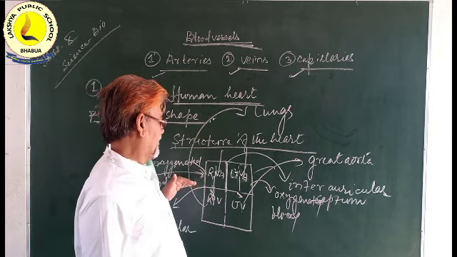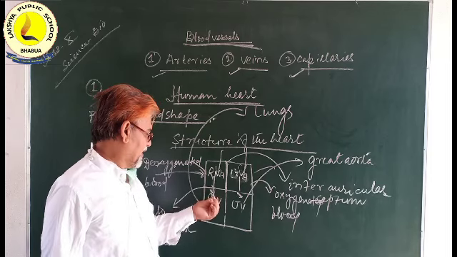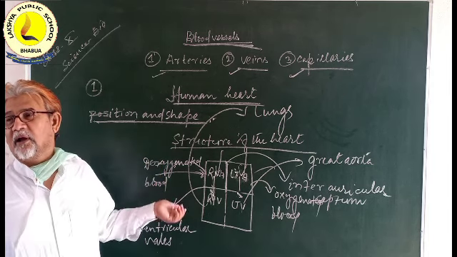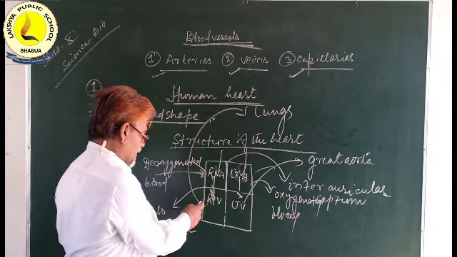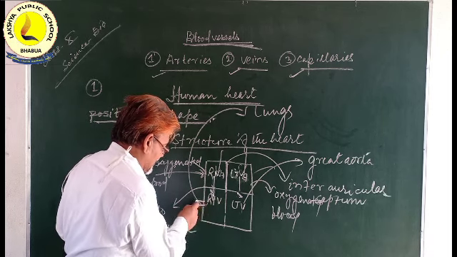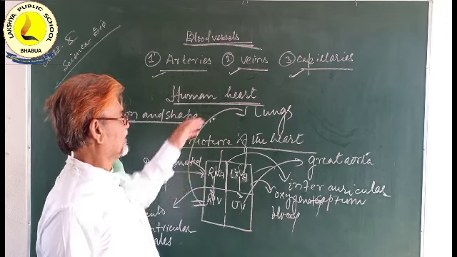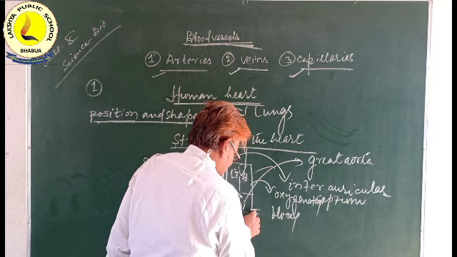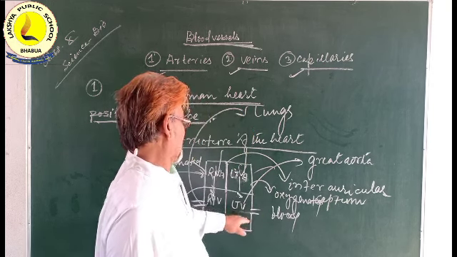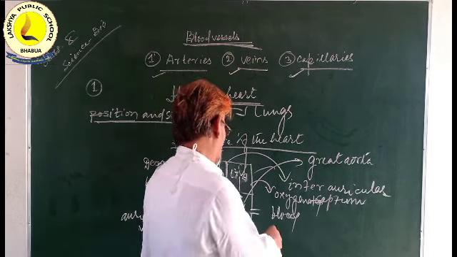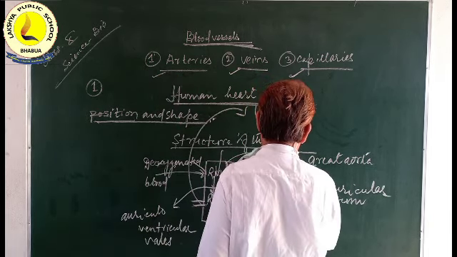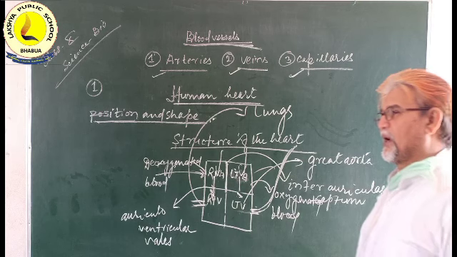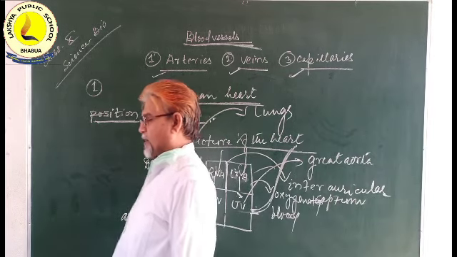Then I would like to tell you that the right ventricle opens into the pulmonary artery, and this pulmonary artery, which comes out from the right ventricle, carries the deoxygenated blood to the lungs for oxygenation, and the left ventricle carries the oxygenated blood to the body parts through the branches of the great aorta, and supplies oxygenated blood to each and every part of the body.